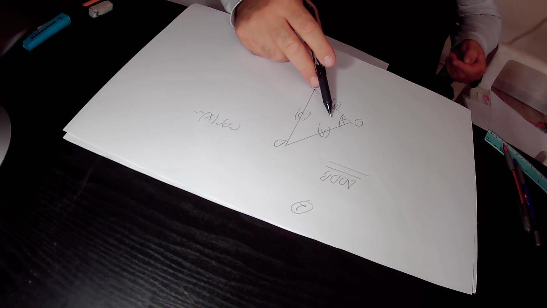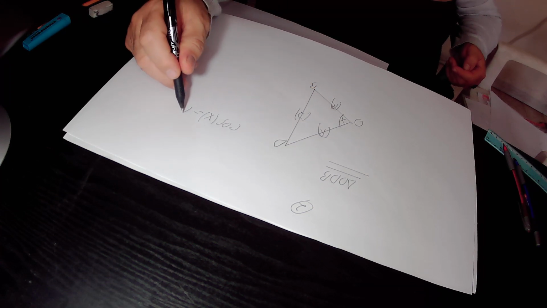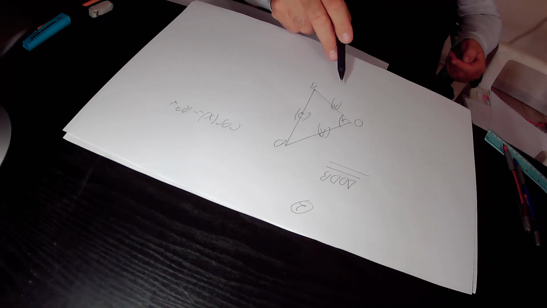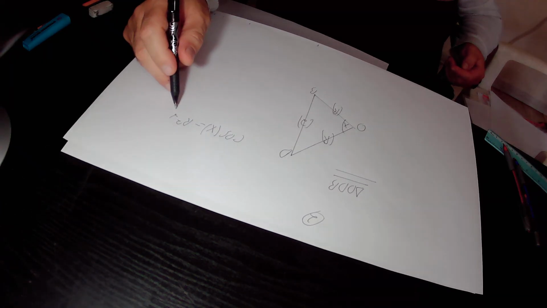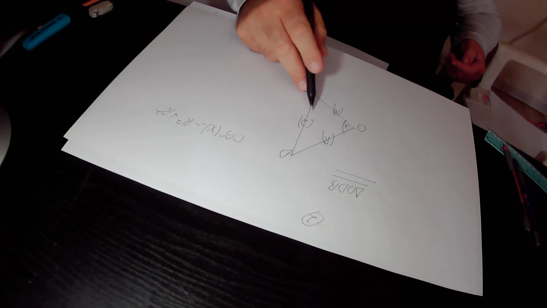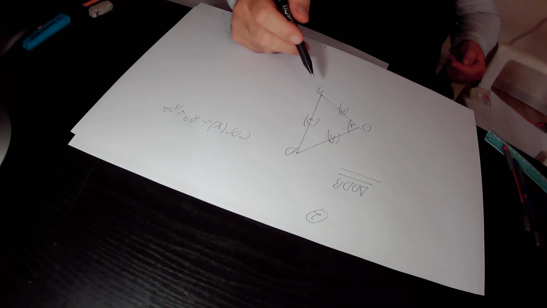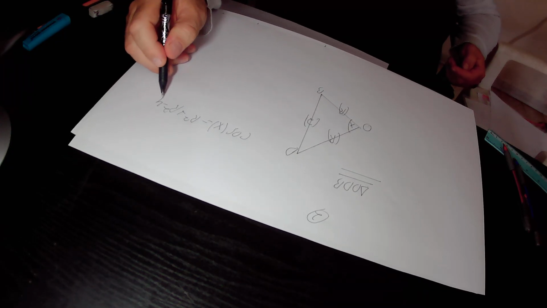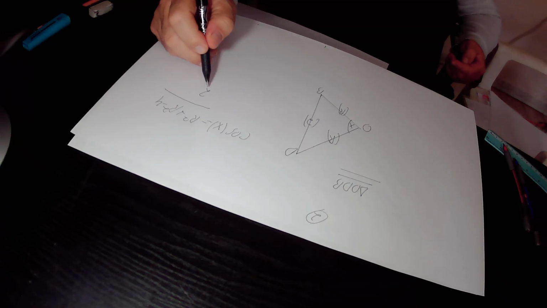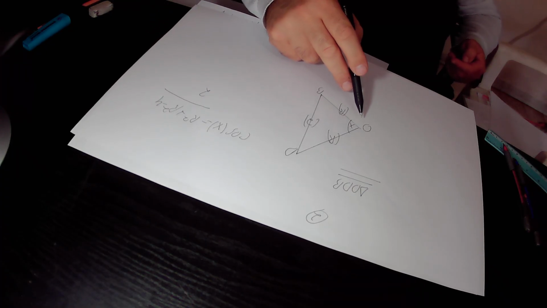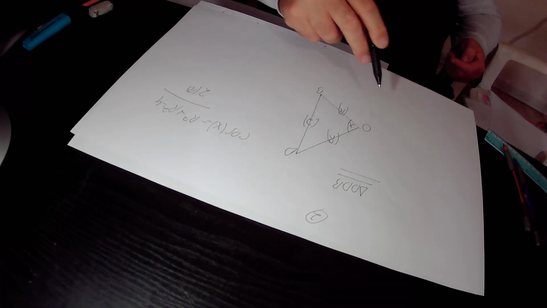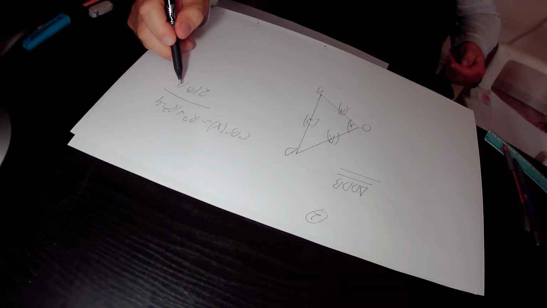OD is R, therefore OD squared is R squared, plus OB squared. OB is also R, therefore OB squared is R squared, minus BD squared. BD is 2, therefore BD squared is 4, minus 4, divided by 2 times OD, that is R, times OB, that is also R.